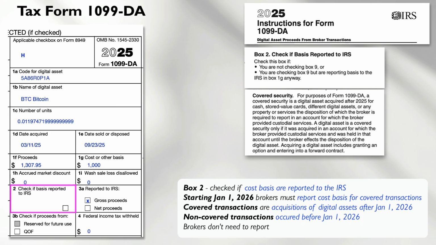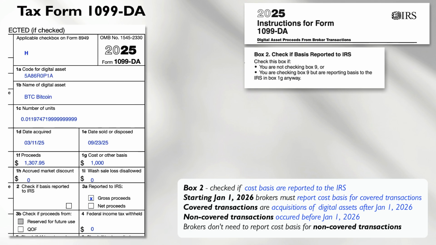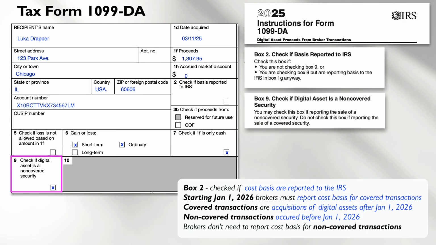For those transactions, the broker is not required to report cost basis to the IRS. For tax year 2025, all digital asset transactions are treated as non-covered. That means box 2 will likely not be checked. Instead, box 9 may be checked to show that the transaction is non-covered.